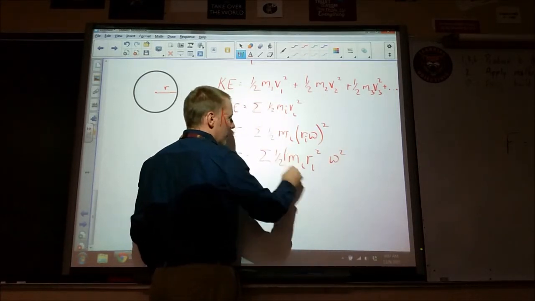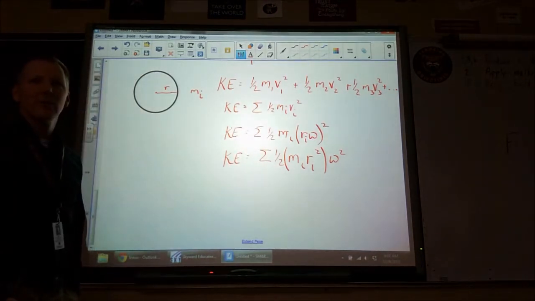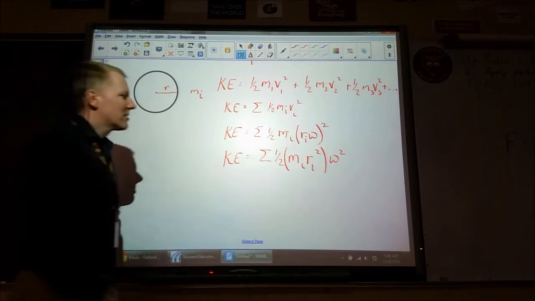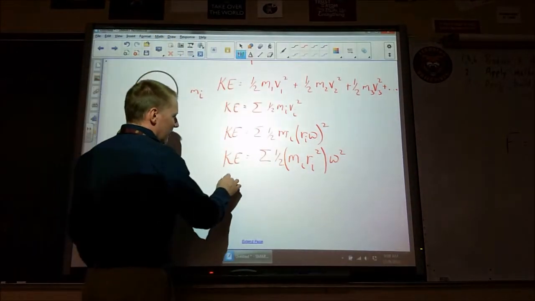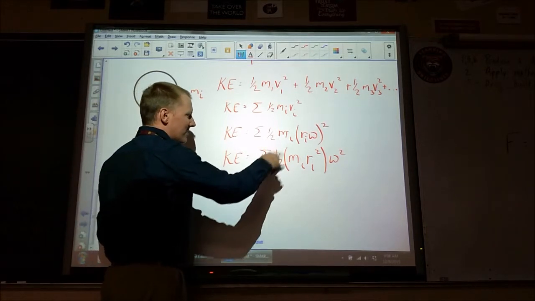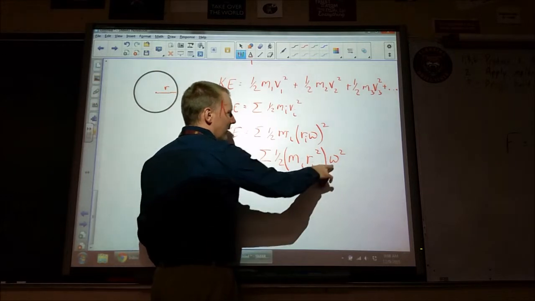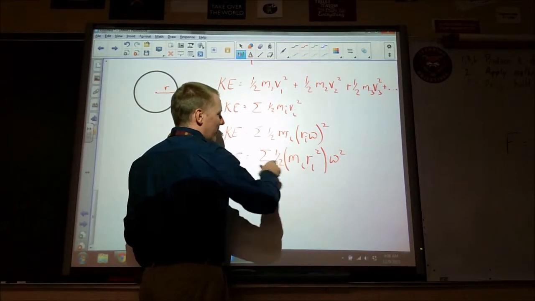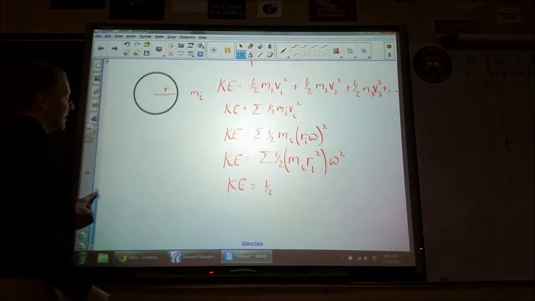So we'd get an r squared from that squared, and we'd have an omega squared. But we know what that is. That's that moment of inertia. So if we add up all of these things, the 1/2 is the same for everything. The omega is the same for everything. Omega squared is the same. So we're just adding up the sum of all of these m r squareds.